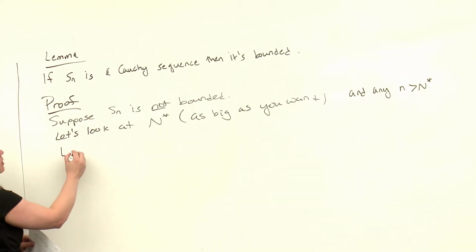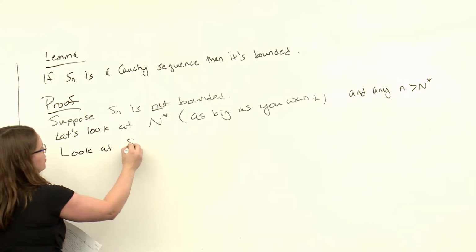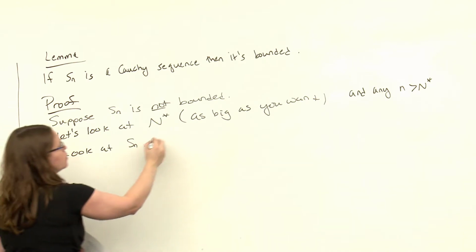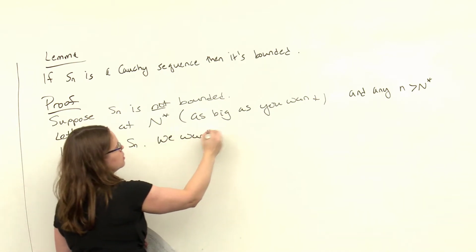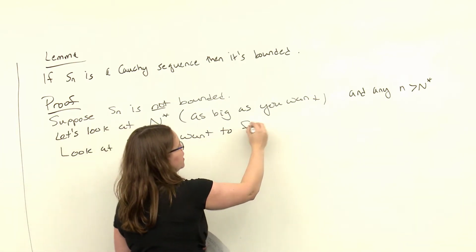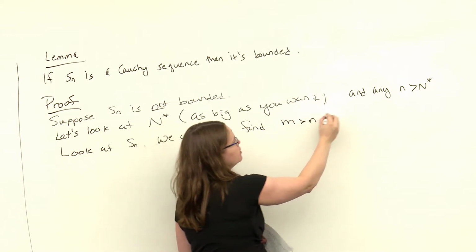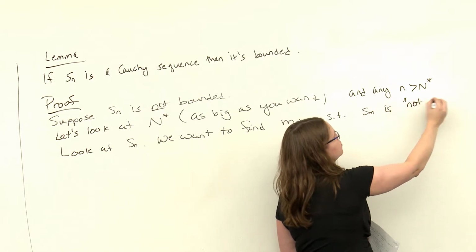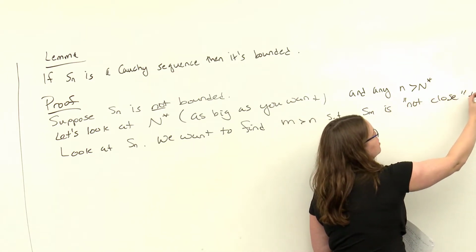Okay, so we look at Sn. We want to try to find, so we want to find m bigger than n, such that Sm is in some sense not close to Sn.